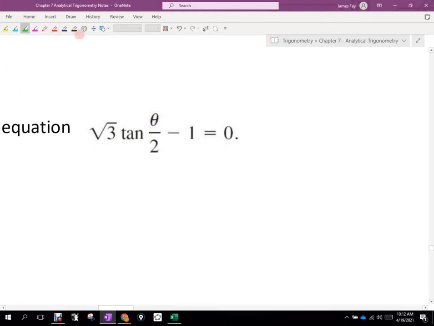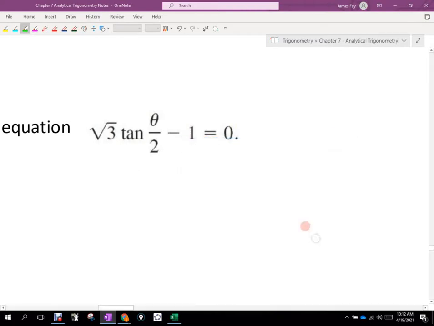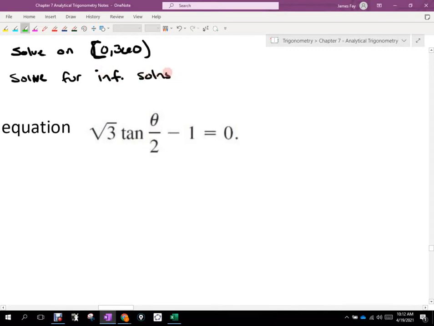I'll try to be aware of this as we go from example to example, because I know my directions don't have it. So let's solve this on the interval 0 to 360, okay? And then solve for the infinite solutions as well.